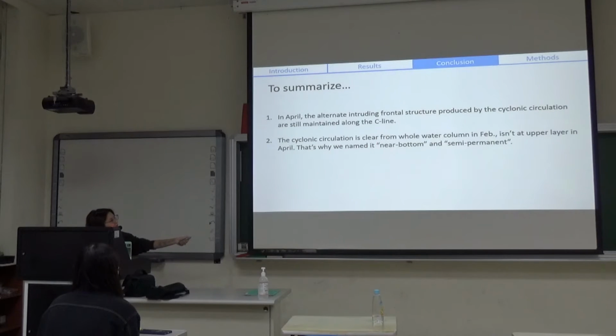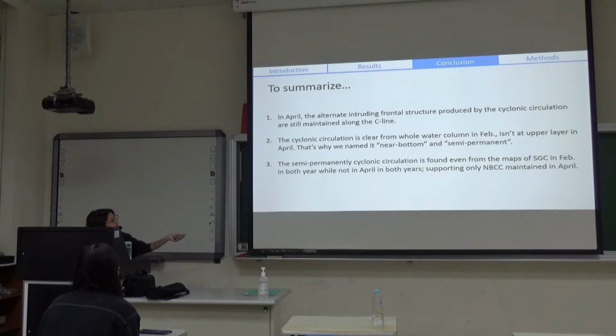That's why we name it near-bottom and semi-permanent. The semi-permanent cyclonic circulation is found even from the maps of surface geostrophic current in February in both years, while it is not in April, supporting that only near-bottom cyclonic circulation is maintained in April.